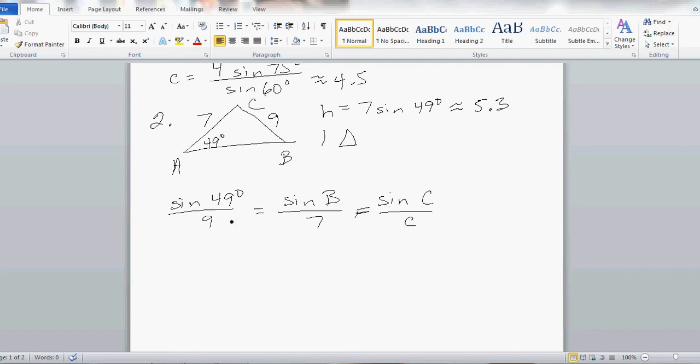So I'm going to use this ratio with this one to find B. Doing cross products, we get 9 sine of B equals 7 sine of 49 degrees. Solving for B, we're going to divide both sides by 9 and then take the arc sine of both sides.